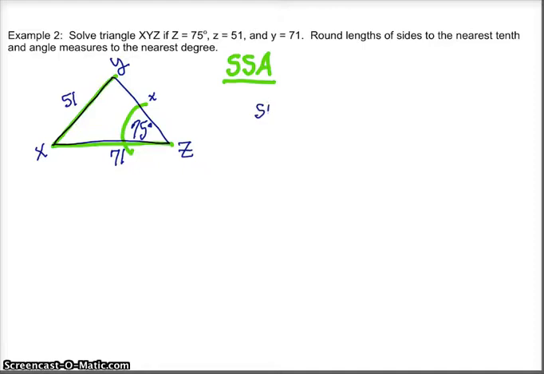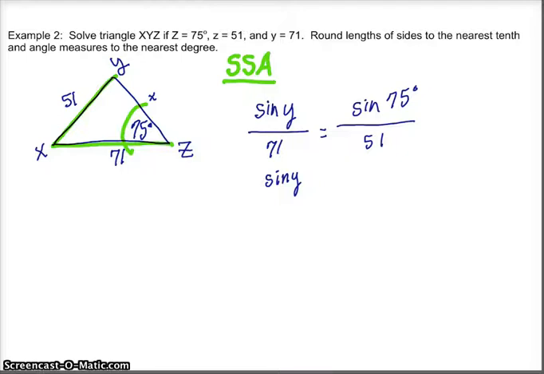So the sine of Y divided by the opposite side, 71, is equal to the sine of 75 divided by 51. All right, so if we isolate sine of Y, we would multiply both sides by 71.